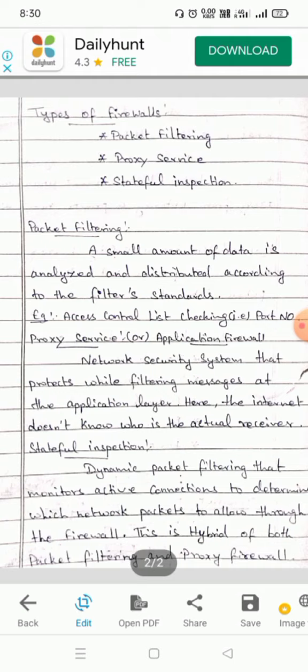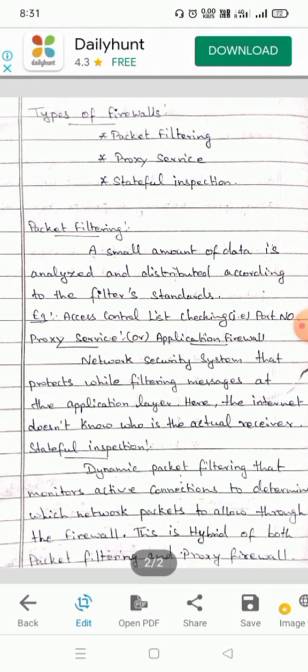The third one is stateful inspection. Stateful inspection is considered a hybrid of the packet filtering and proxy firewalls. Both things are combined in stateful inspection.